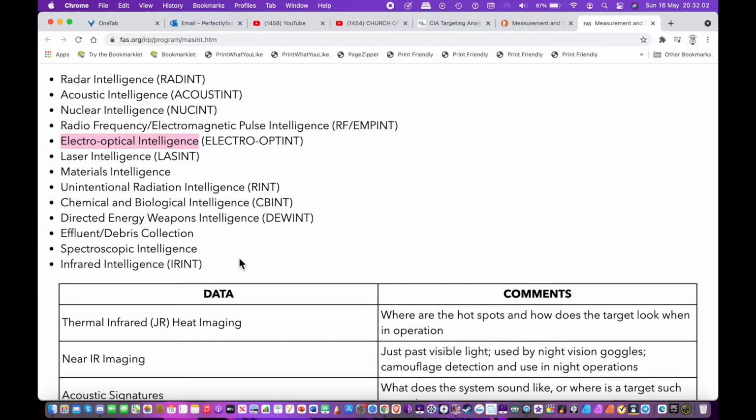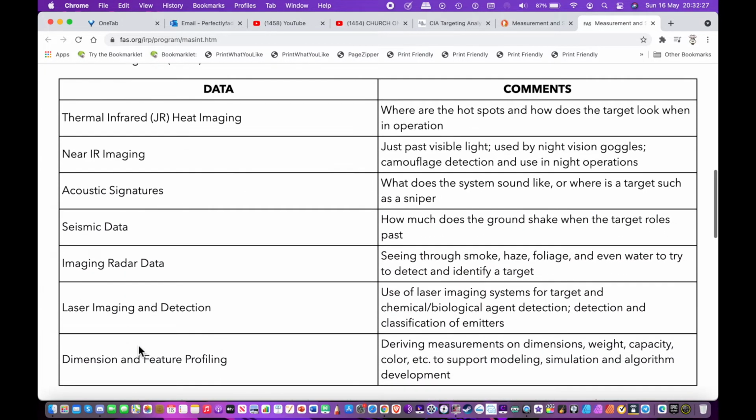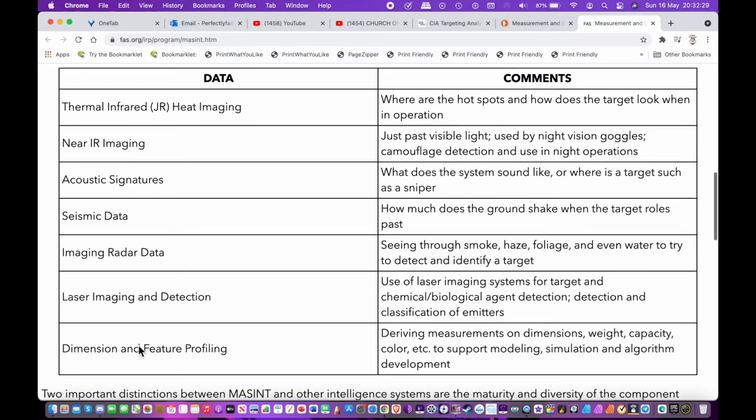Effluent debris collection. Oh, so that's like forensic. Spectroscopic intelligence, that hasn't even got an acronym, and infrared intelligence, IRINT. Okay. We have this, and oh, they actually go through some of them.